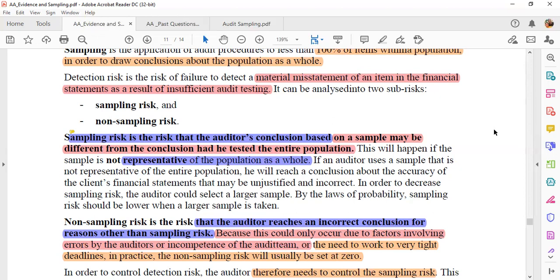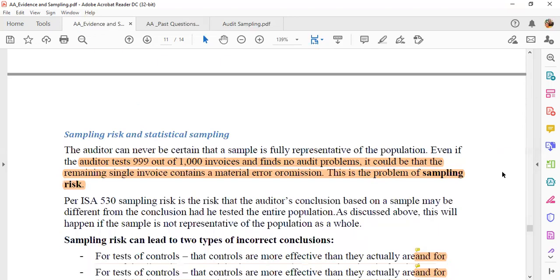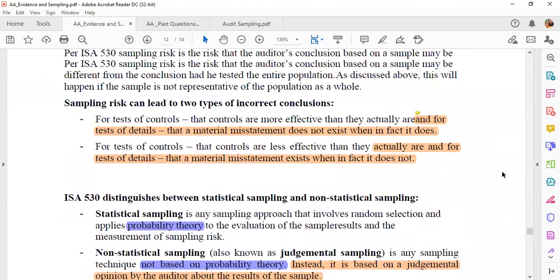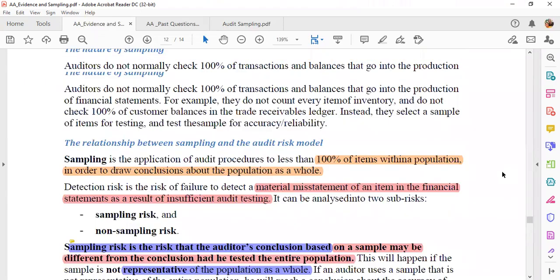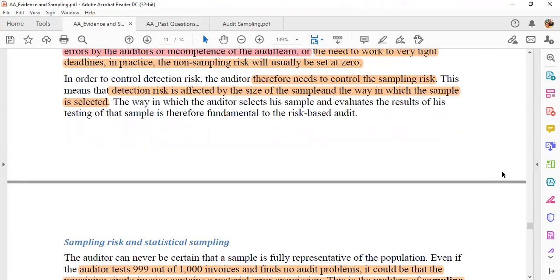Don't forget the meaning of sampling risk and the meaning of non-sampling risk. What are the decisions that the auditor needs to make regarding this?